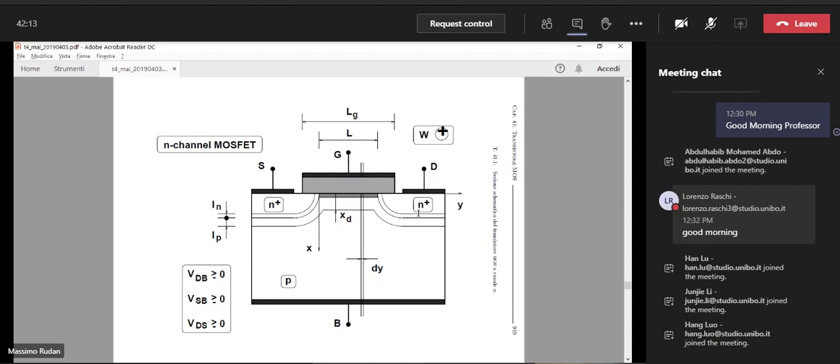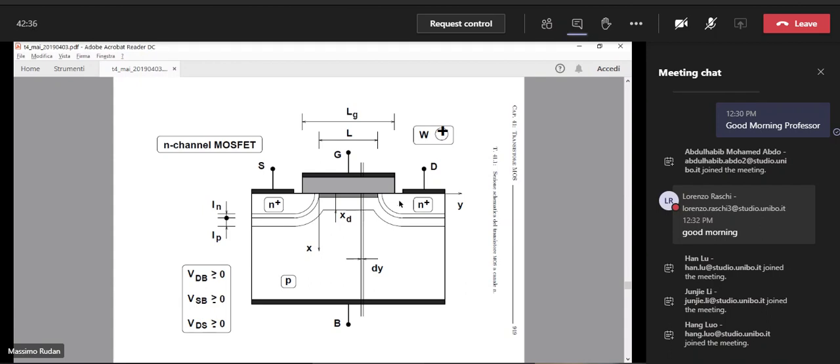On the two sides of the gate oxide, we diffuse two N+ regions, that are two regions of the N-type that are heavily doped. And you know, diffusion is isotropic.